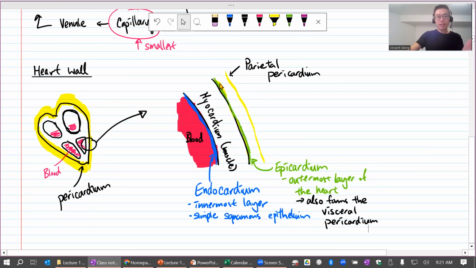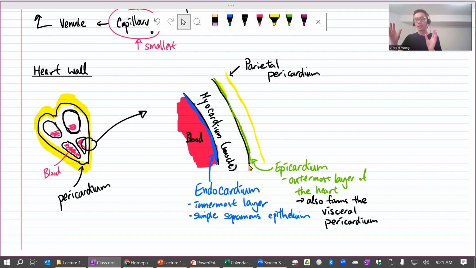So this green thing right here represents two things at the same time. It's the outermost part of the heart wall, but it is the inner layer of the pericardium as well. There are two different structures, but it's basically the same thing.